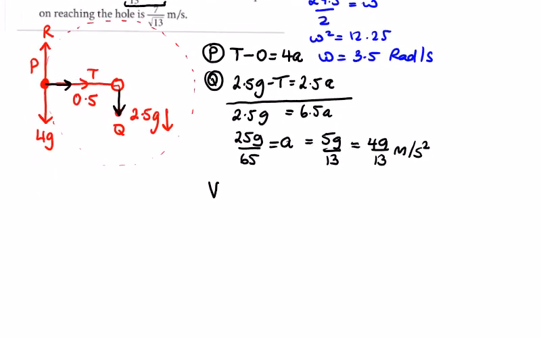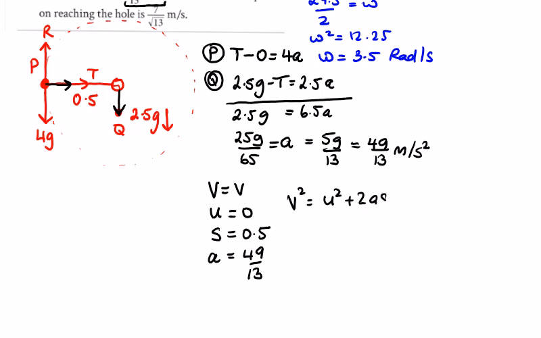So speed, we want v. It was stopped, so the starting speed is 0. It has to travel a distance of 0.5, and its acceleration is 49 over 13. v squared is equal to u squared plus 2as.